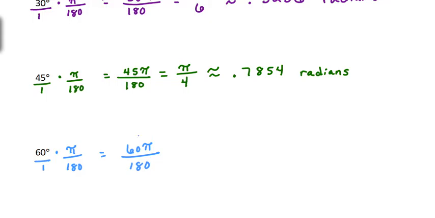You can use your calculator to put 60 over 180 in lowest terms. Or you can use the mental math and say, the zeros would actually divide out, and 6 goes into 18 3 times, so this is actually pi over 3, which is what you were expecting anyways, I hope.